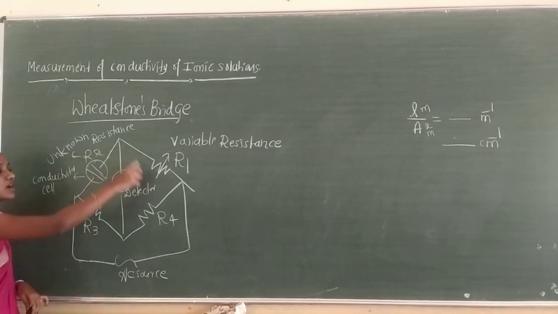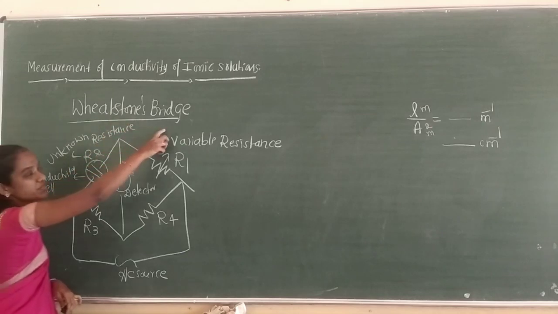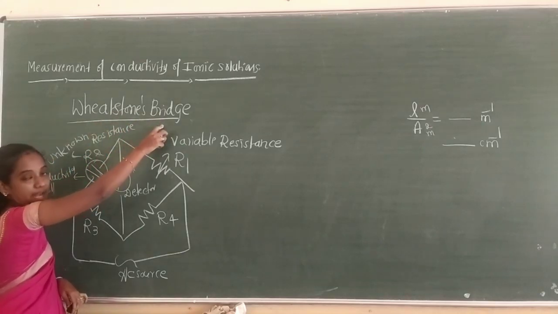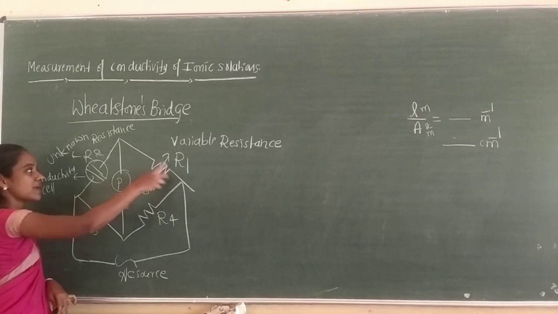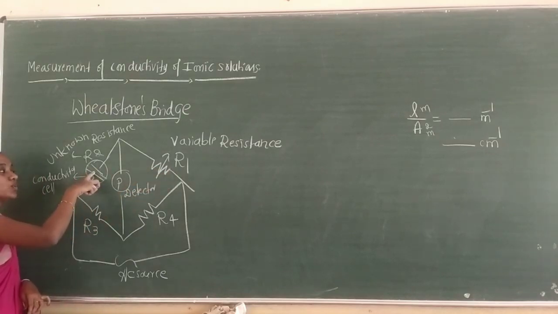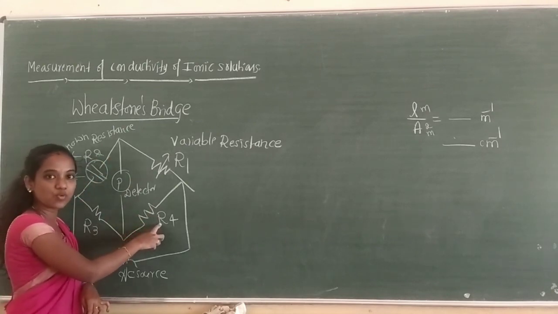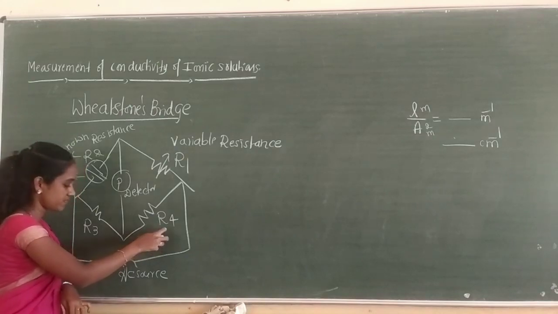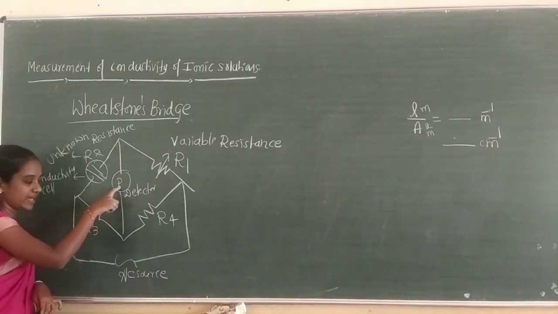Now this is a circuit which is called Wheatstone's bridge or Wheatstone's network. It consists of variable resistance box R1 and a conductivity cell whose resistance is unknown. Let it be R2, and R3 and R4 are 2 other resistance boxes. And P is a detector or a headphone.